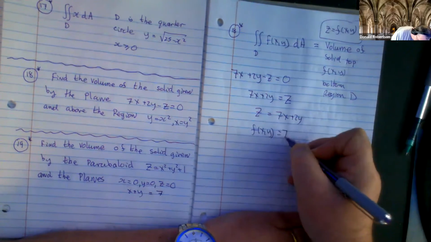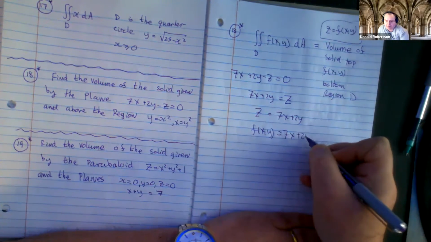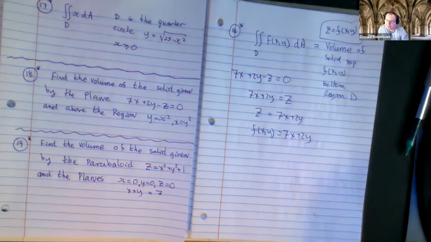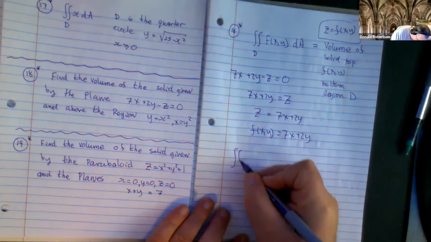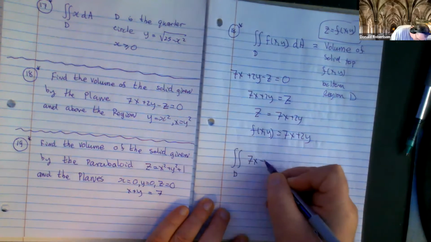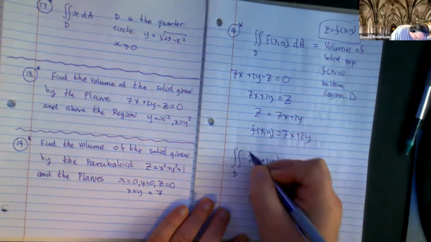It's 7x plus 2y. Are you comfortable about how I found that? Now, that means my double integral over D is going to be 7x plus 2y dA.